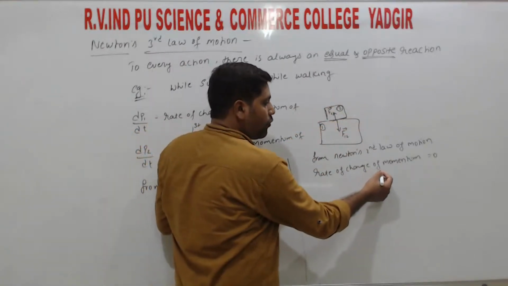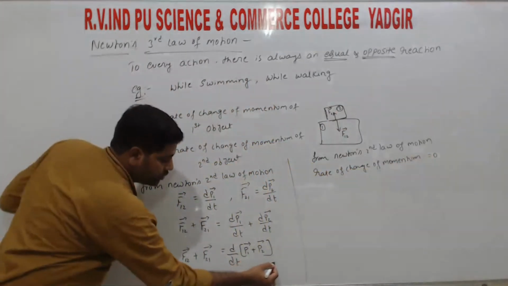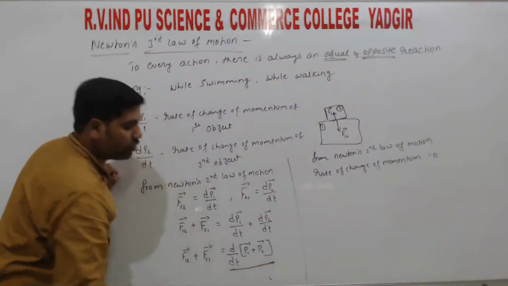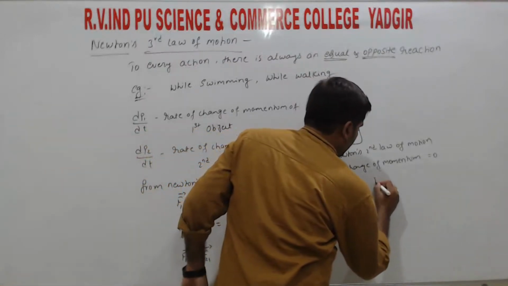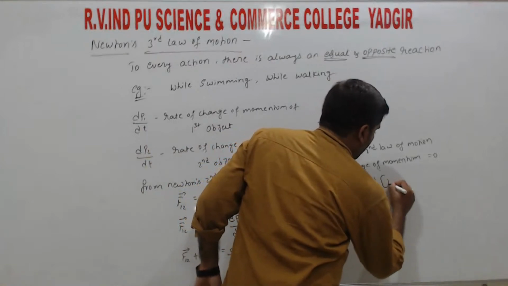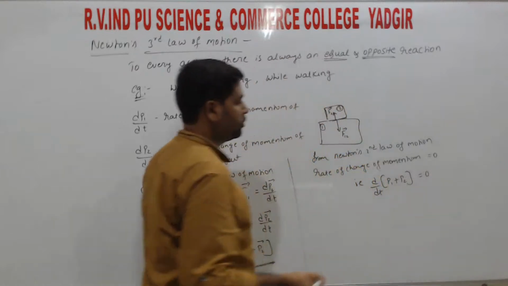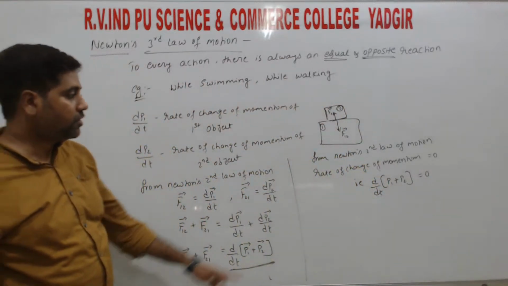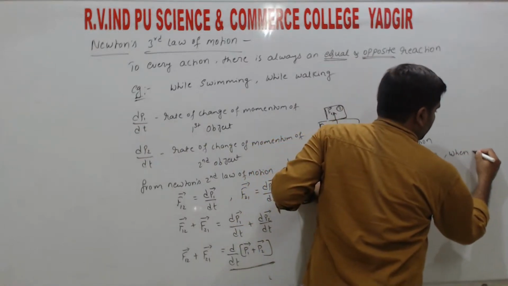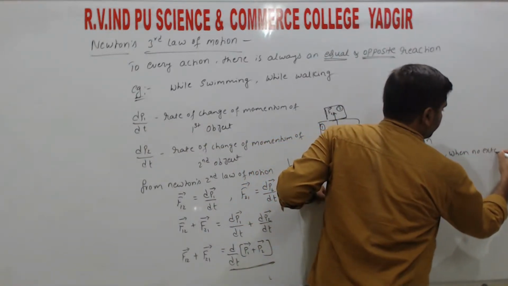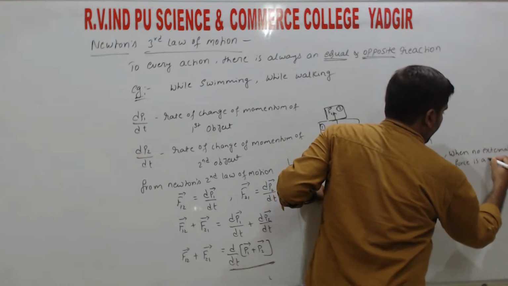Hence the rate of change of momentum is equal to 0. So d by dt of (p1 plus p2) is equal to 0. This is when no external force is acting.